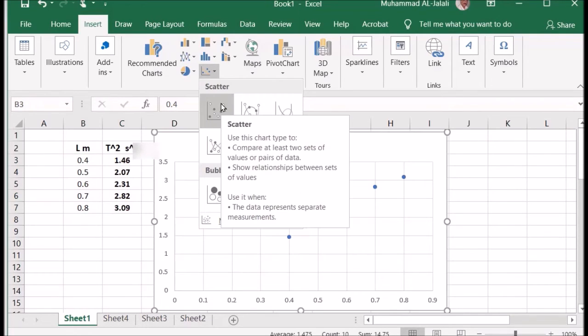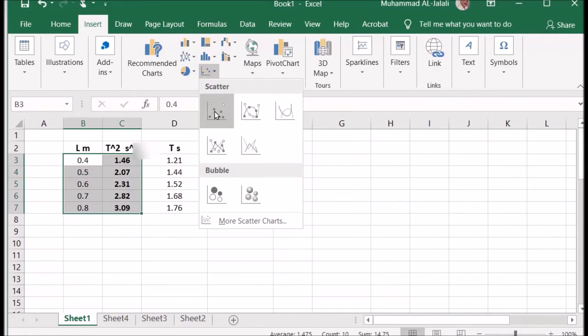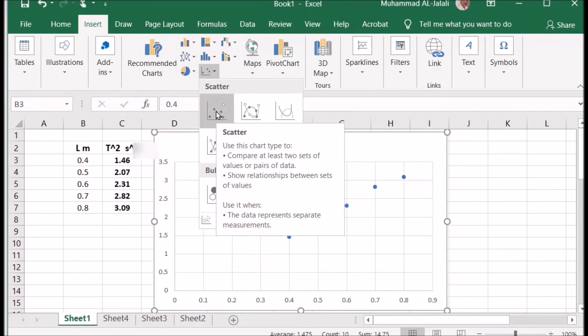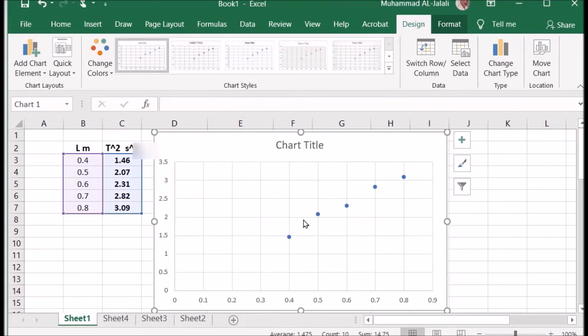Choose Scatter chart. Press it. You will see the chart on the sheet of the Excel page.